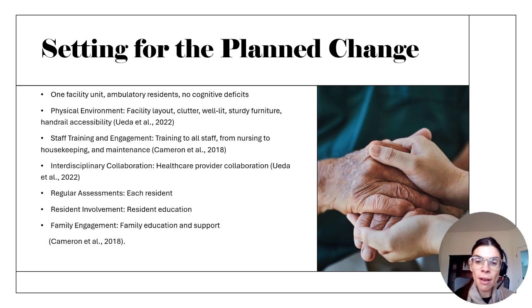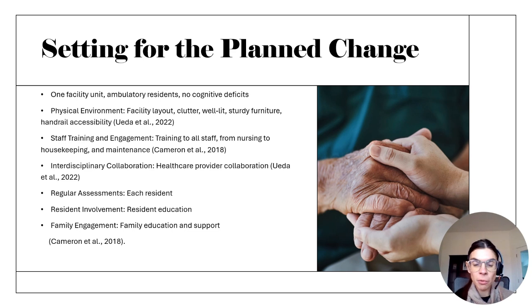And we want to have adequate preparation before implementation, and that's crucial for the outcome. For the physical environment, we want to make sure that both staff and residents are familiar with the facility's layout, the areas are free of clutter, the hallways are all well lit and equally lit. That's just as important. There's sturdy furniture and there's handrail accessibility.